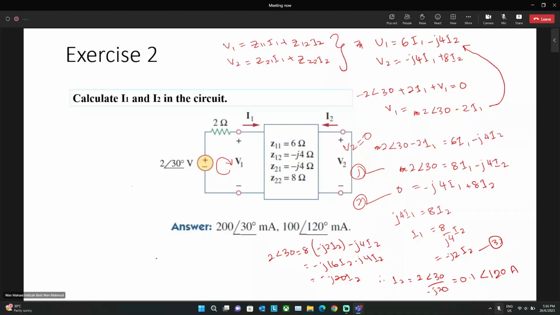Masukkan dalam equation ketiga, I1 sama dengan negatif J2 I2. So I2 darab dengan negatif J. You dapat I1 sama dengan 0.2 angle 30.